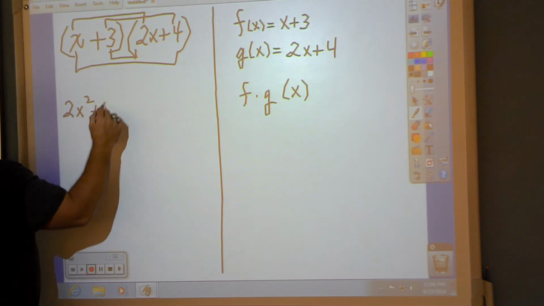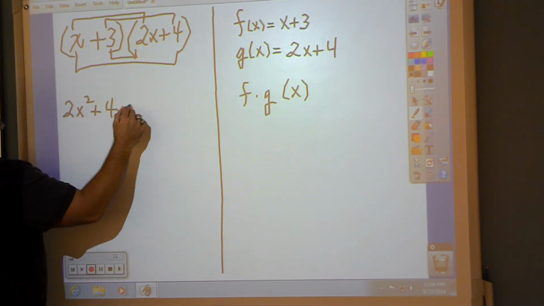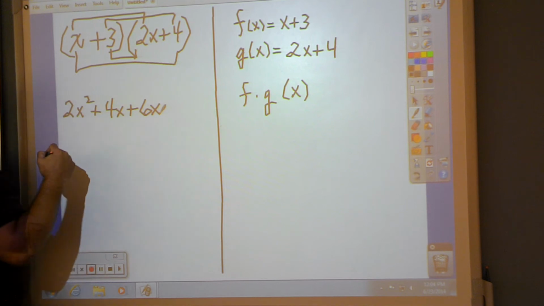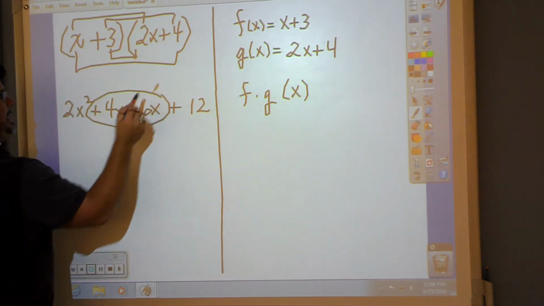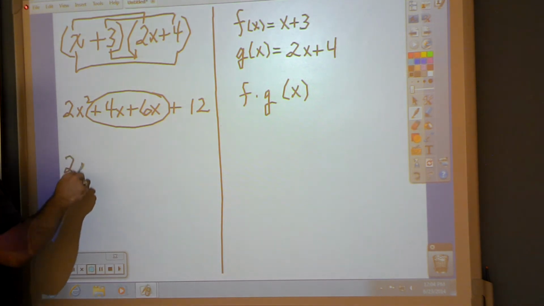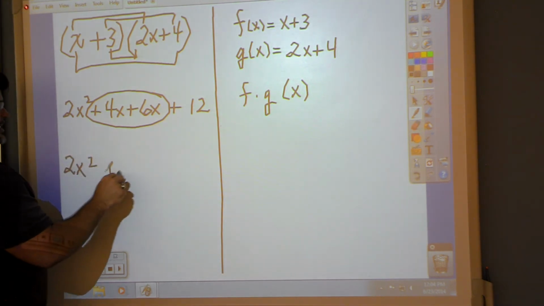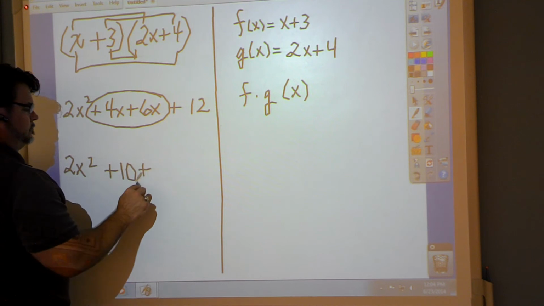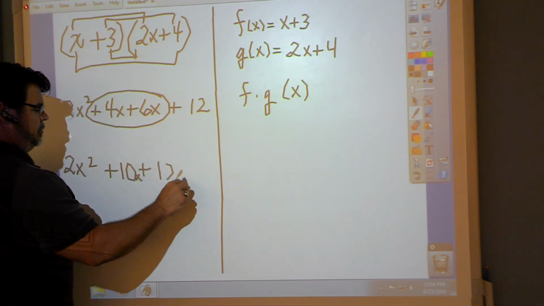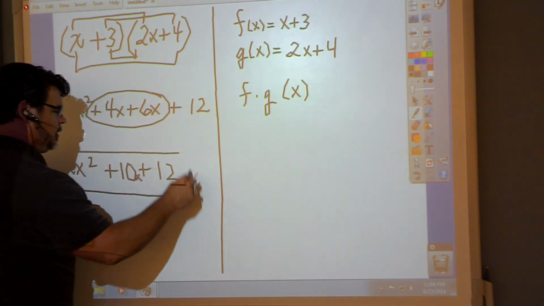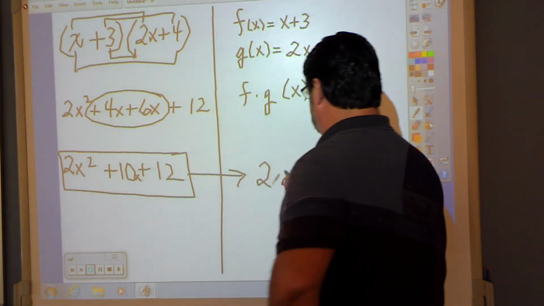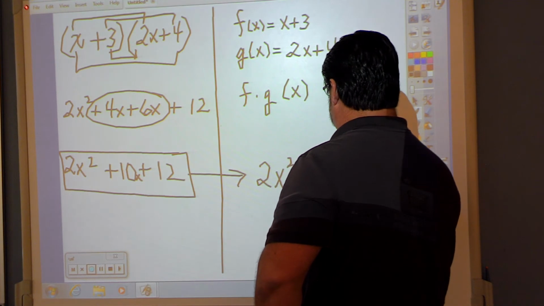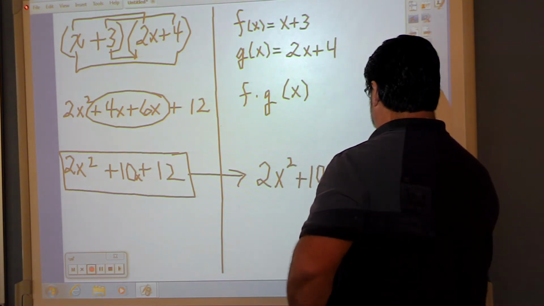Plus 4x plus 6x plus 12. And outside and inside combine, 2x squared plus 10x plus 12. And that's going to be the same thing here. 2x squared plus 10x plus 12.